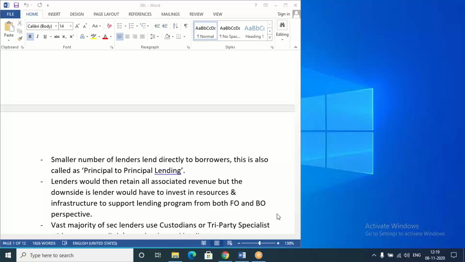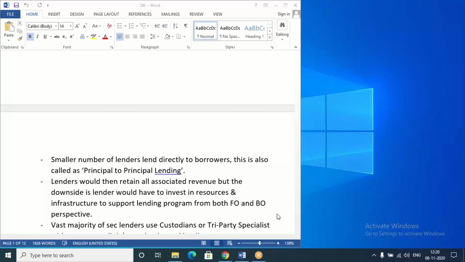So if a lender lends directly to borrowers without a middleman, he'll get all the revenue, but he has to reinvest in infrastructure and in creating a front office and a back office for the proper flow of the stock borrow lending contract.